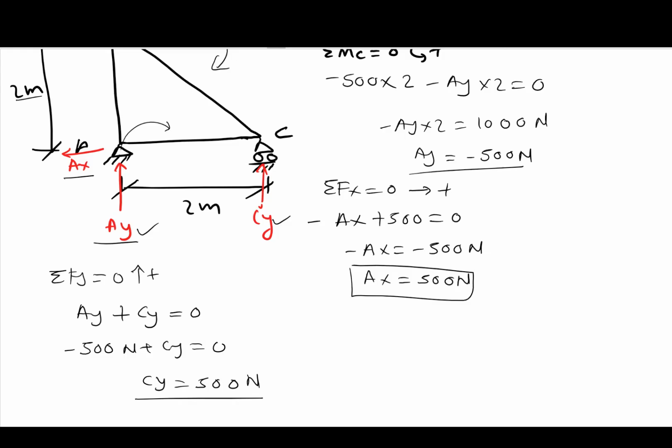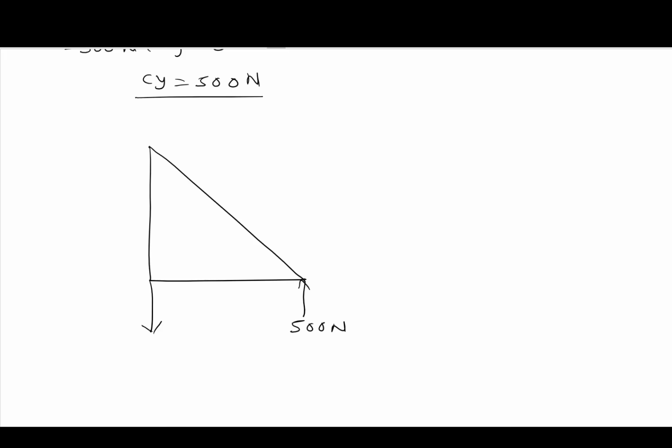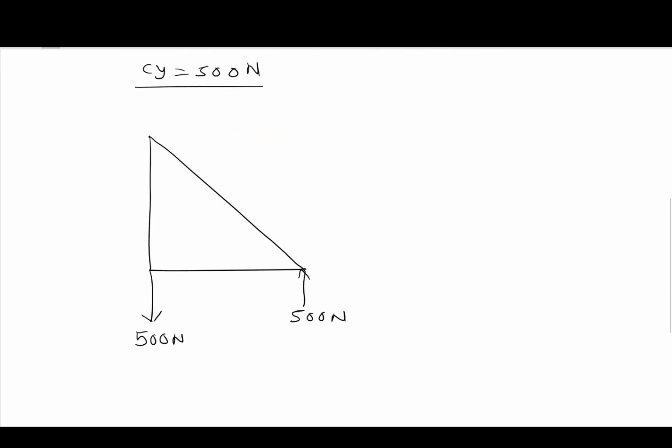Now once you find these 3 reaction forces, we can draw the free body diagram by putting those forces. So CY is 500 Newton. We got this reaction as minus, so I put a positive value and change the direction. The initial direction was upward, so I put it downward and make it positive. And this horizontal force is 500 Newton, the reaction force, and we have external loading 500 Newton.